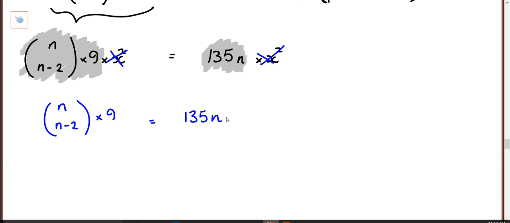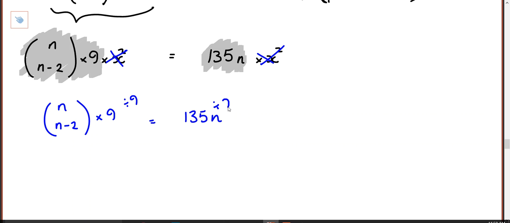I thought we don't get rid of things, we multiply. No, we don't move things. We do get rid of things by doing what? What can we get rid of to simplify? Divide it by 9. Let's divide this by 9 to get rid of that.